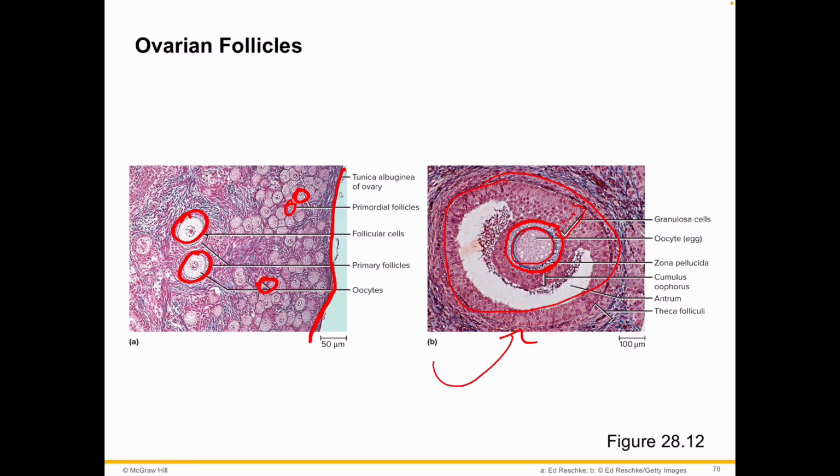The corona radiata is a small stretch between the egg and the connective component of the follicle. The antrum is a broad, clear, luminous space right in here. The theca folliculi is the outer component of the follicle, a protective layer and shell.